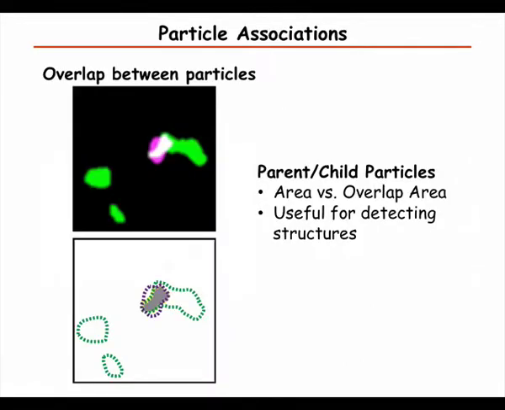And then, since we have 2 different particles, we can look at how they're overlapping. And in this case, we can look at overlap from different points of view. So let's say we look at the green, from the point of view of the green, what the overlap is. And then by looking at these overlaps, we can build up more complex structures.